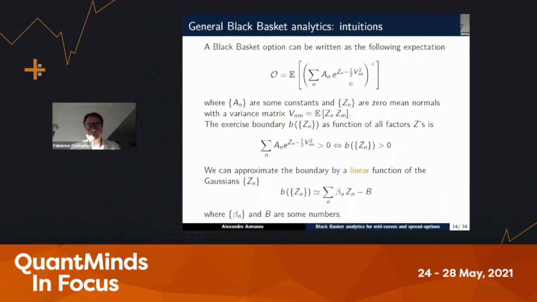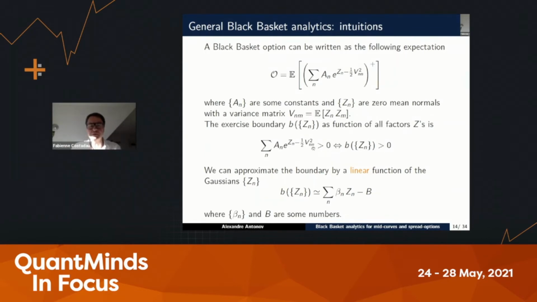And so let's say that the exercise boundary B of this option is a function, of course a nonlinear function, of all the factors Z of these Gaussians, such that it's equivalent to the fact that this sum is more than 0. So it's just our definition.